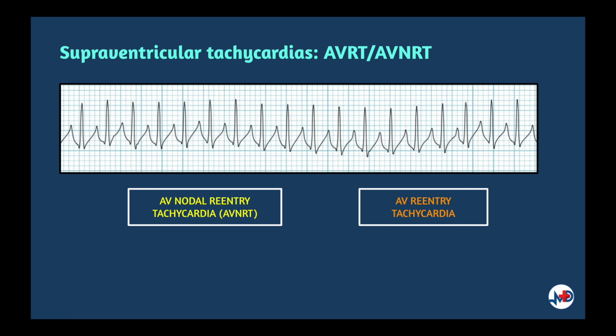It's much less common than the orthodromic AVRT. The rate is usually 200 to 300 beats per minute, and the wide QRS complexes are due to abnormal ventricular depolarization in the accessory pathway. As for AVNRT, it is the commonest cause of palpitations in patients with structurally normal hearts.